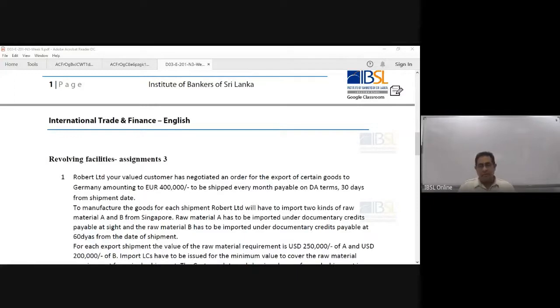Financing can be arranged once the importer has accepted the bill, but the seller's bank will not know that the importer has accepted the bill. No? So the confirmation to that effect has to be received from the remitting bank. So that's what I said. Right. 4.